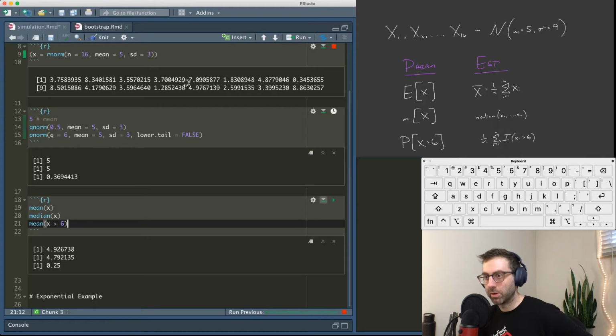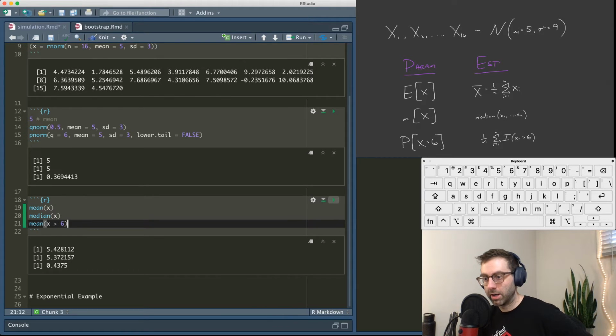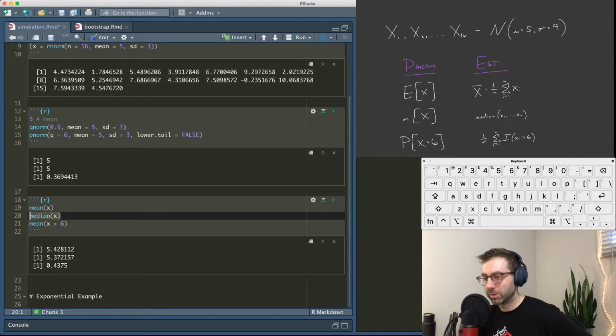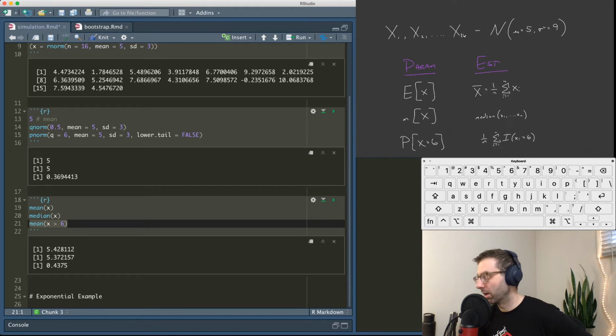So we could keep rerunning this first line here, and we see we get different answers down here. So what we really want is to say, well, what is the distribution of the sample mean? What is the distribution of the median? What is the distribution of this estimator for the probability that x is bigger than 6?